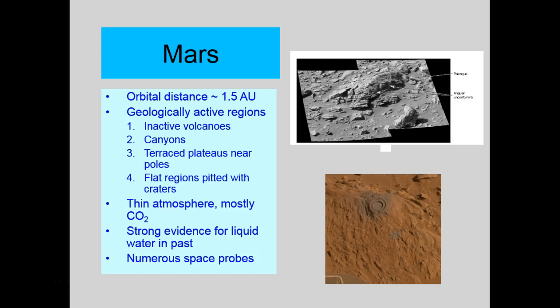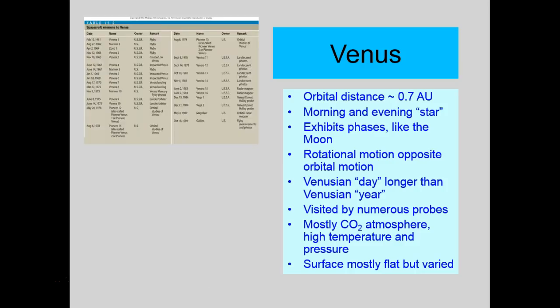We had the table of visits to Venus, and that, by the way, is on page 383 in your text, along with some nicer shots of Mercury on 382. But that list of, by the way, let's go back to this a moment.